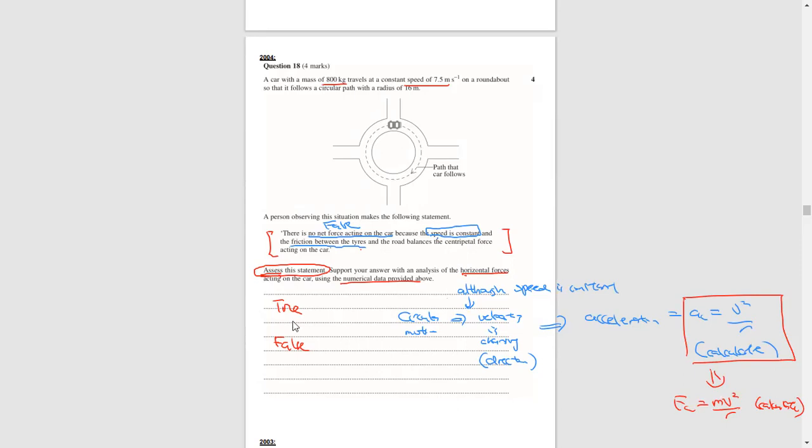And therefore, while part of the statement is true, that is, the speed is constant, it is definitely false that the net force is zero. The net force is provided by the friction between the tires, which provides the centripetal force. And rather than balancing it out, it is the centripetal force itself. That gives you an idea of the sort of things you would want to say for an assessment question.